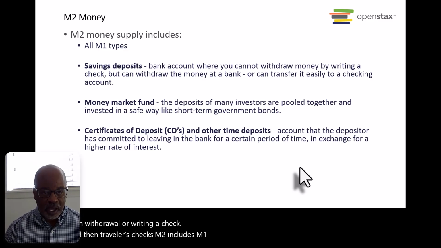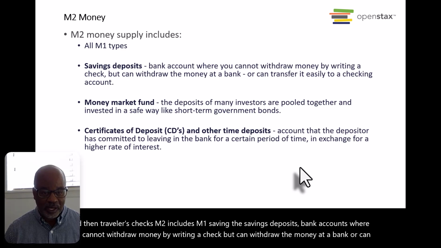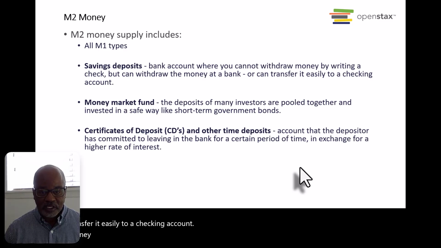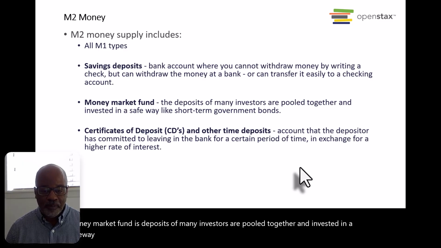Savings deposits are bank accounts where you cannot withdraw money by writing a check, but can withdraw the money at a bank or can transfer it easily to a checking account. Money market funds are deposits of many investors pooled together and invested in a safe way, like short-term government bonds.